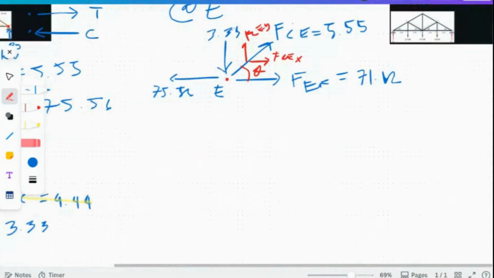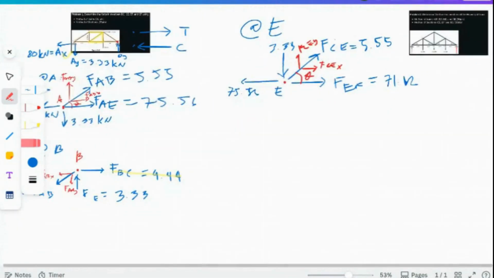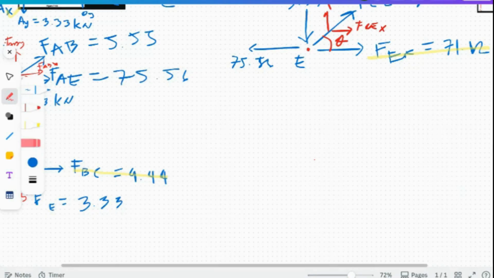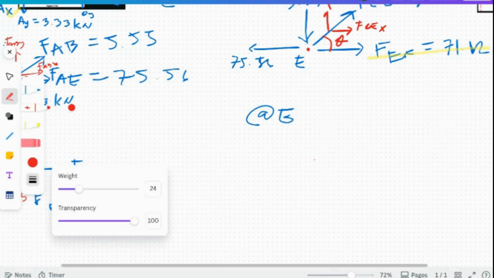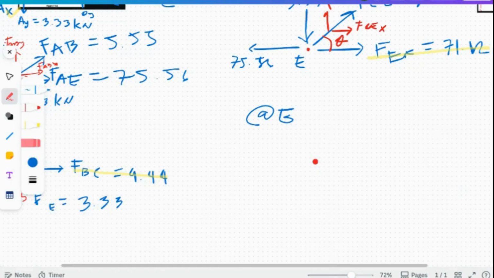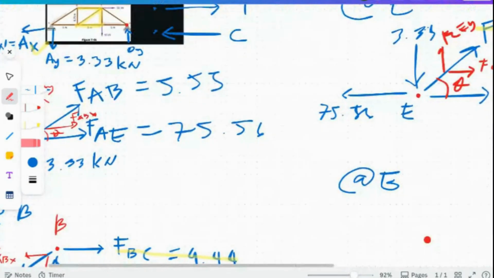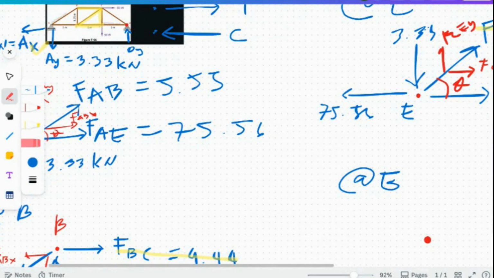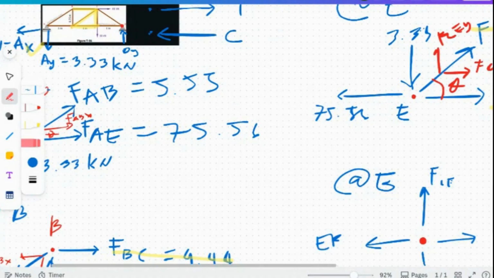Now, last but definitely not the least, joint F. We have that single joint over there, and it will have forces: force CF, then a force EF, which we solved earlier, another force here, and lastly 50 kilonewtons going down.